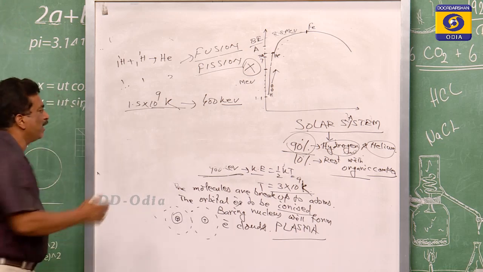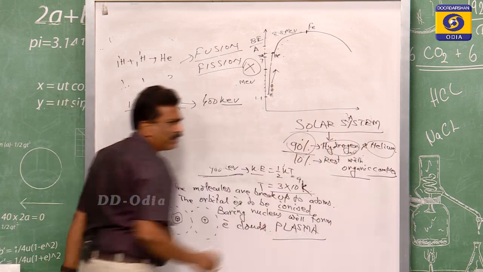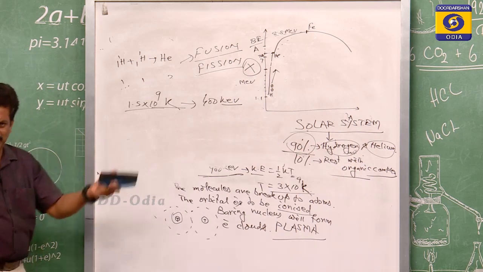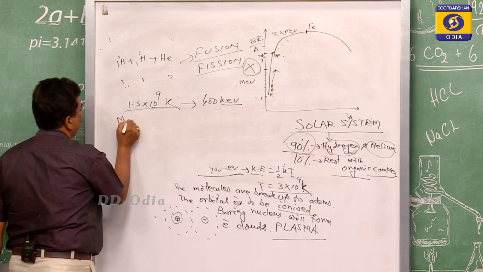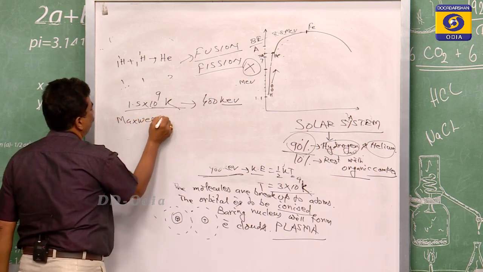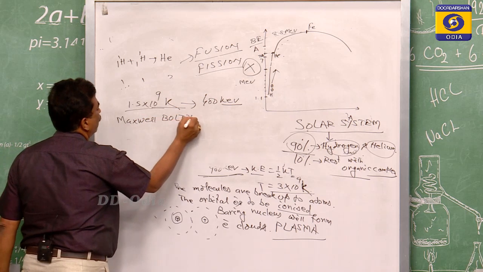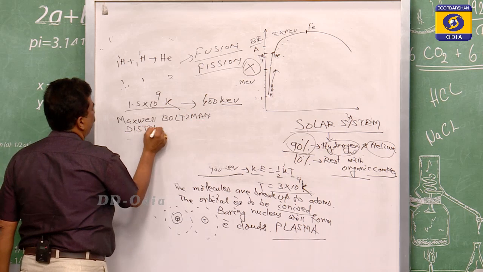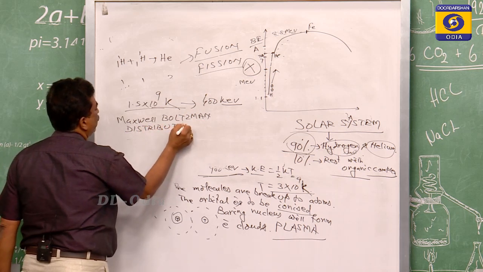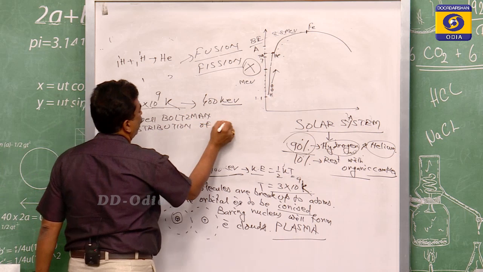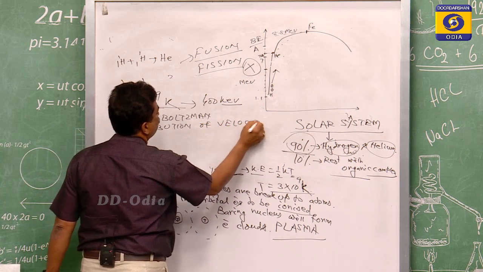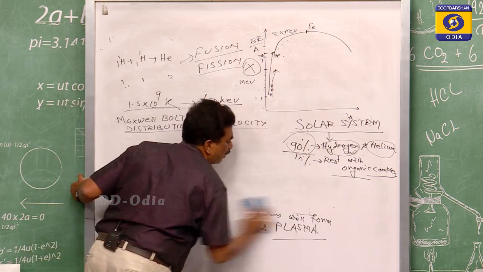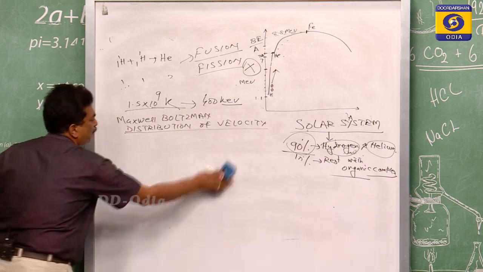For that, you know that these are the lighter particles, meaning helium and hydrogen in gaseous form. So from the Maxwell-Boltzmann distribution of velocity, Maxwell and Boltzmann gave a distribution of the velocity of gas particles.